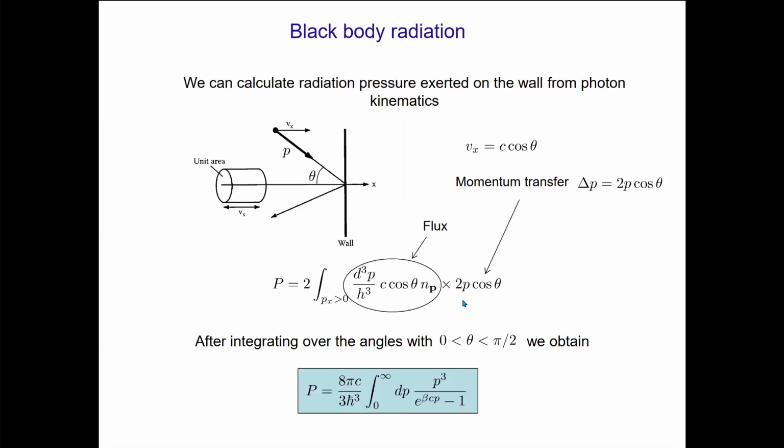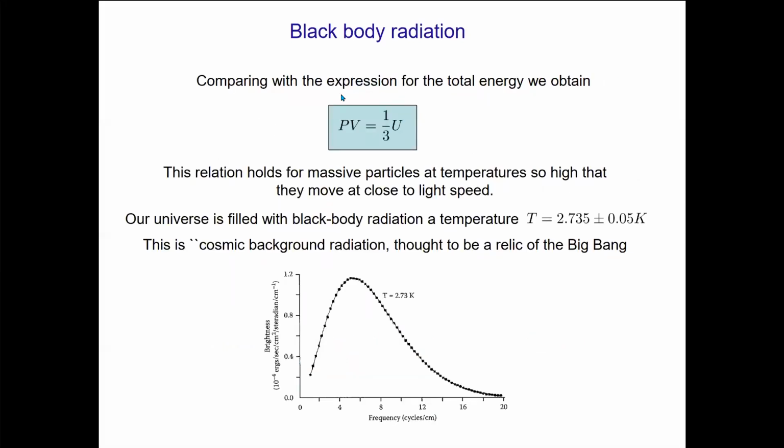Okay, so once we integrate over the angles in the interval from 0 to pi over 2 and substitute the formula for the Planck density of states, we obtain the equation for the pressure. And comparing it to the equation for the total energy, we can see that the relation between the pressure, volume, and the energy changes.